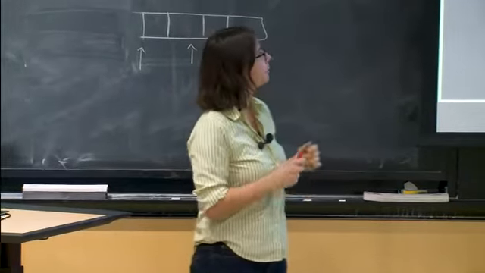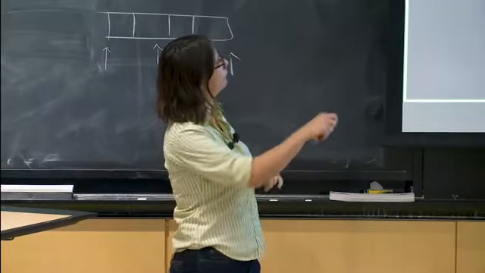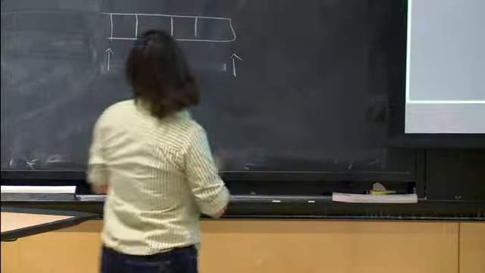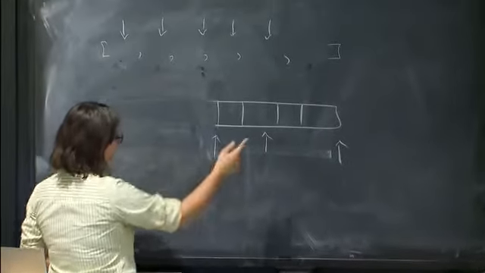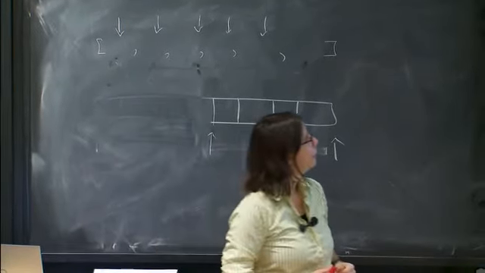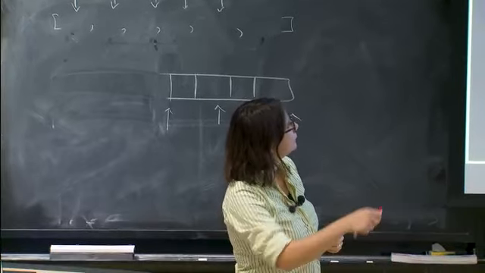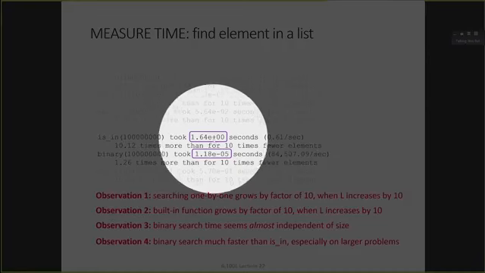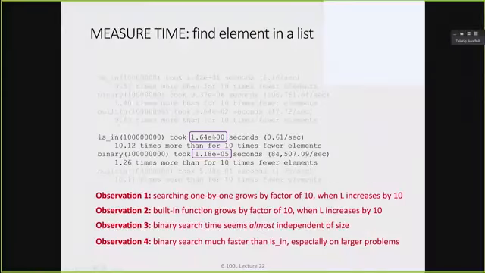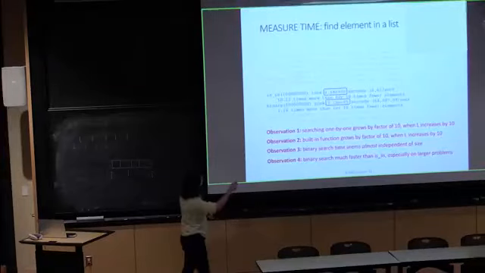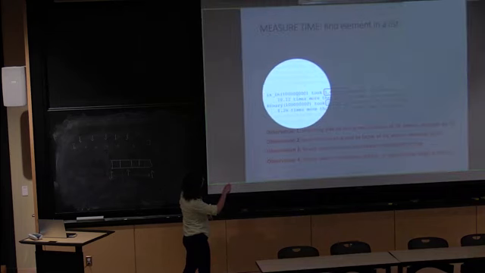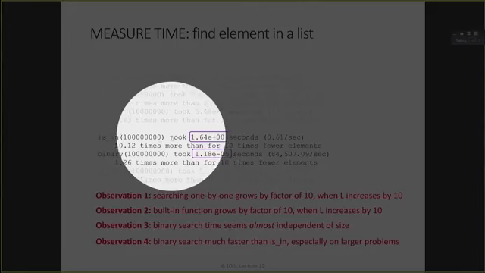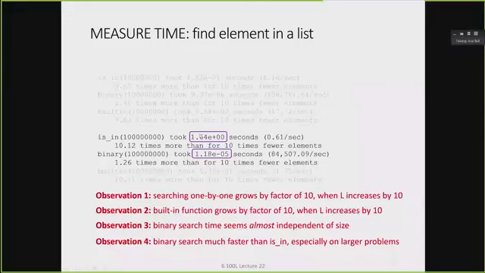That was observation 3. Observation 4 will now compare the function that we wrote, the is-in, this one here, to the binary search, this one down here. Well, binary search was orders of magnitude faster than brute force. Brute force, when the input was 10 million or 100 million, I'm not sure. When the input was 100 million, brute force took 1.6 seconds.